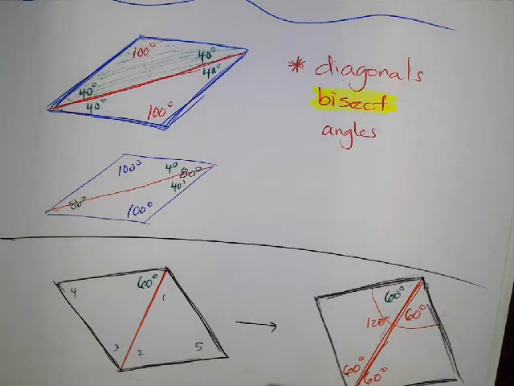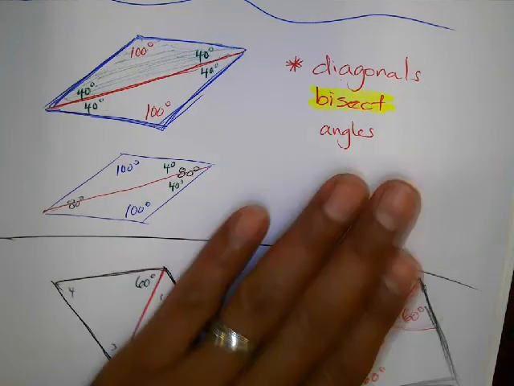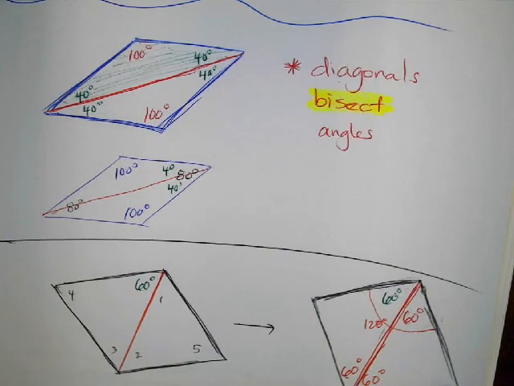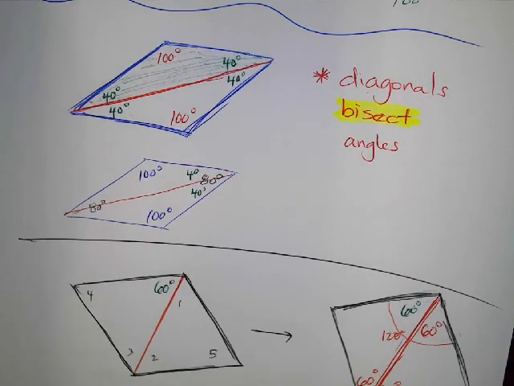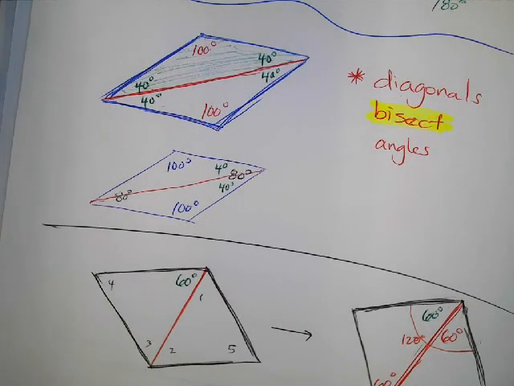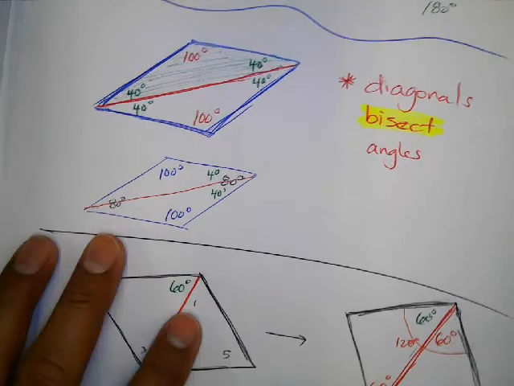And if this big angle is 120, remember these have to add up to 180. Or you can just look at half of it and say, hey, I have a triangle here. The bad thing is I'm just realizing all the answers are going to be 60. That's why I'm kind of pausing. Yeah, hold on.